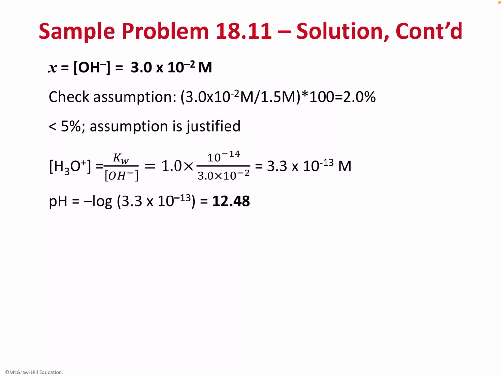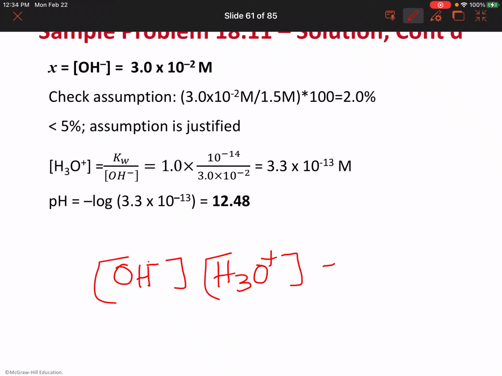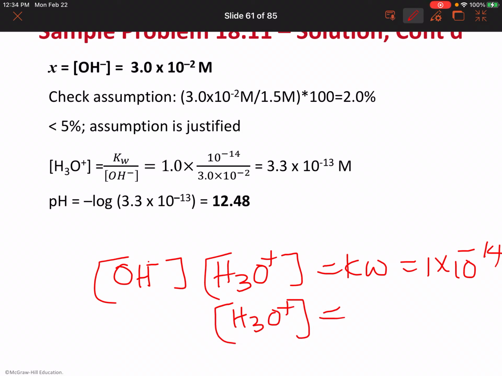Okay, what we want to find out is the pH of the solution. We found the hydroxide ion concentration, and we want to find the hydronium ion concentration. Remember, hydroxide times hydronium ion is going to be the Kw, which is 1 × 10^-14. So the hydronium ion concentration is going to be Kw over hydroxide ion concentration.